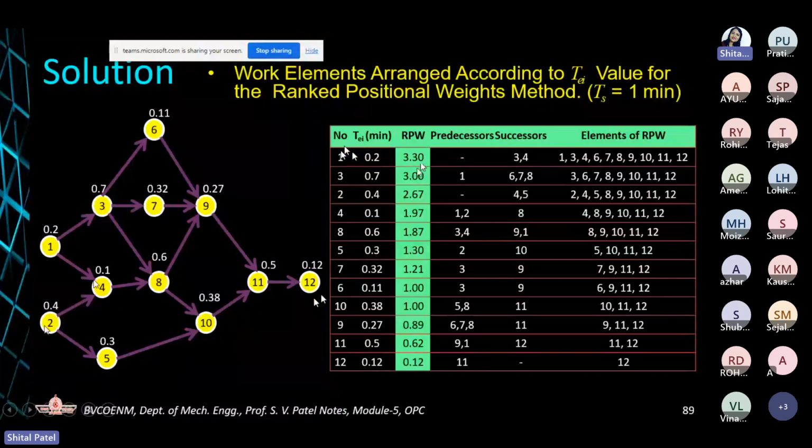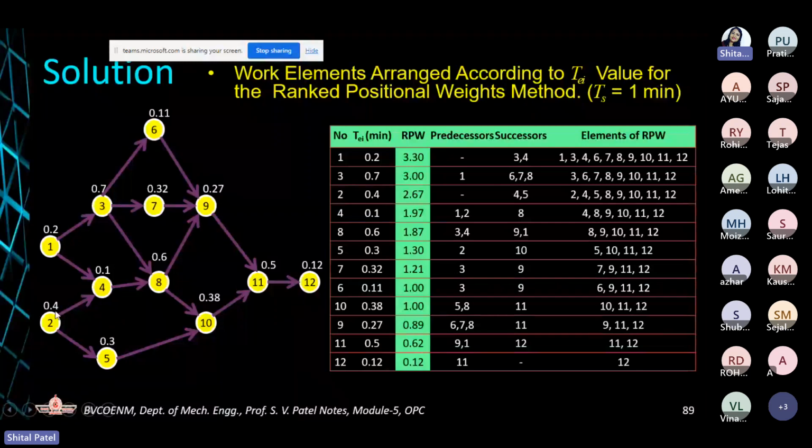On 2, how many activities are depending? Proceeding further on the network diagram: 4, 5, 8, 9, 10, 11, and 12. These activities depend on activity number 2.